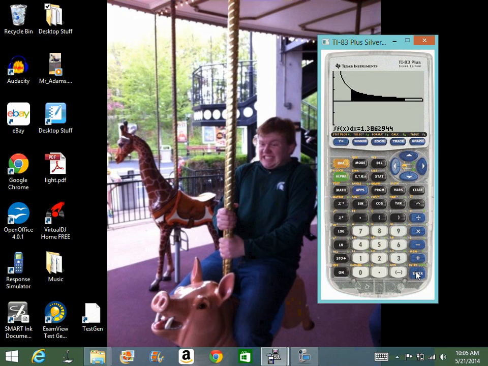It's an approximation, but it's a very good one. So the area under the curve from 1 to 4 is 1.3862944.